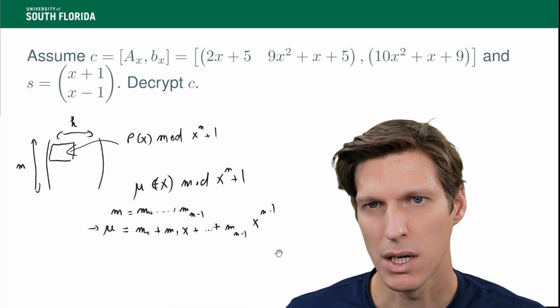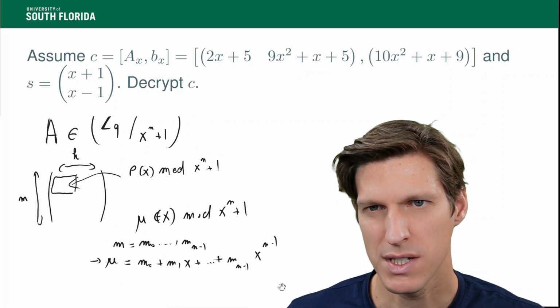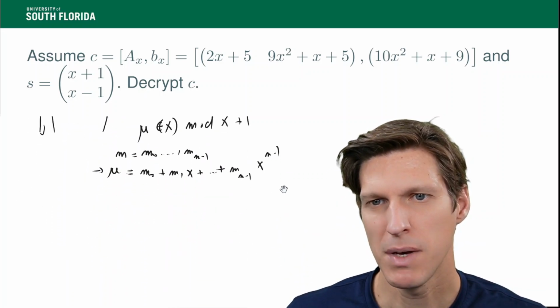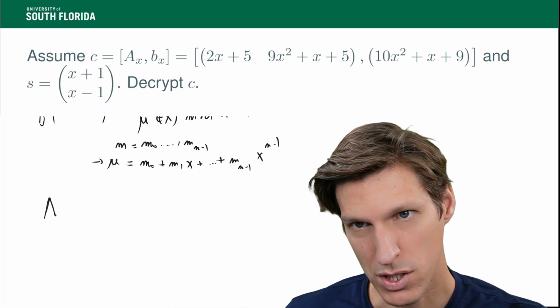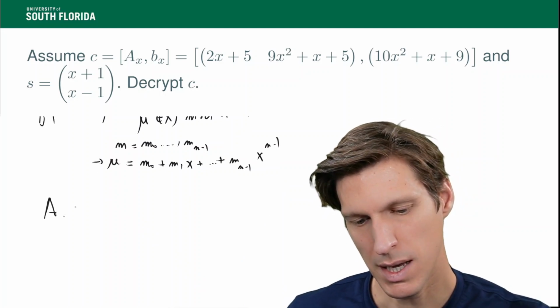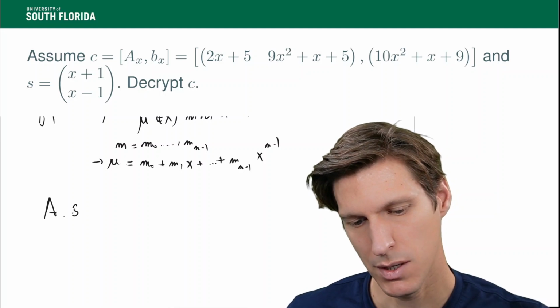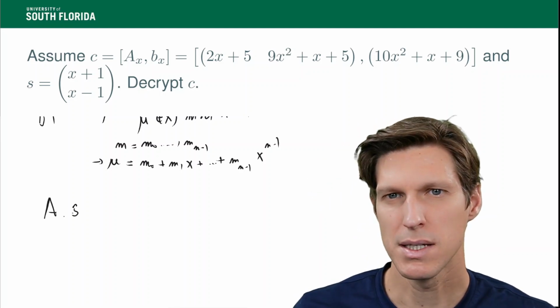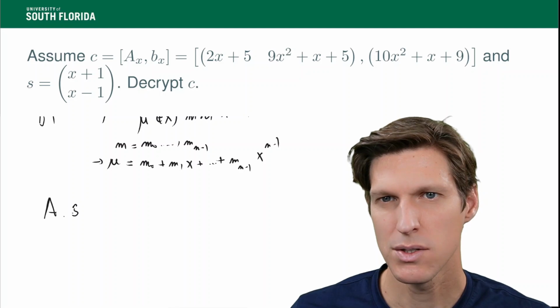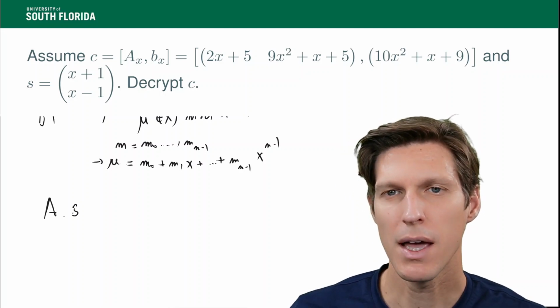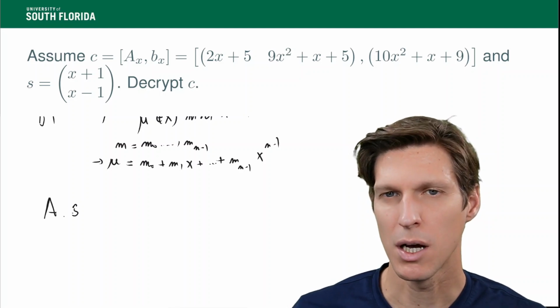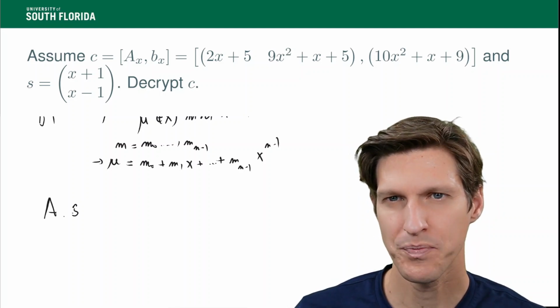So remember that we have this matrix A, and we're going to perform the following operation: A times S, where S is our secret, so it's going to be a matrix. As you see here, we have k equals 2, so I'm giving a pretty simple example.